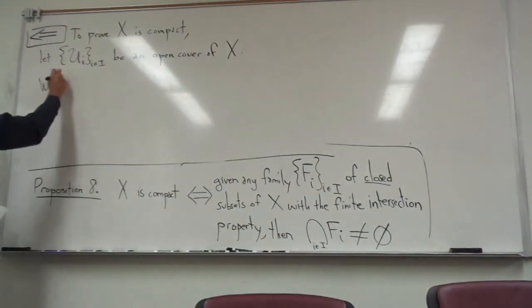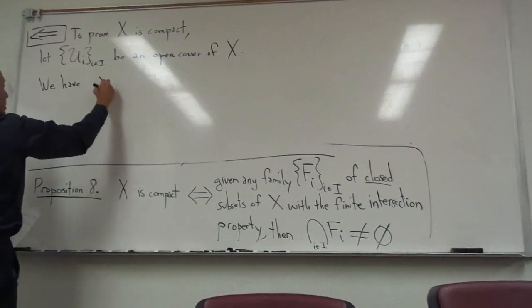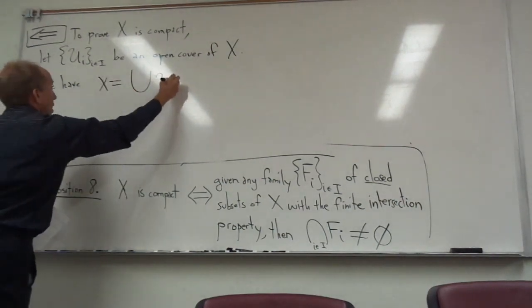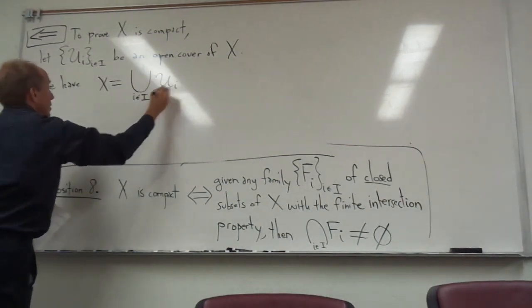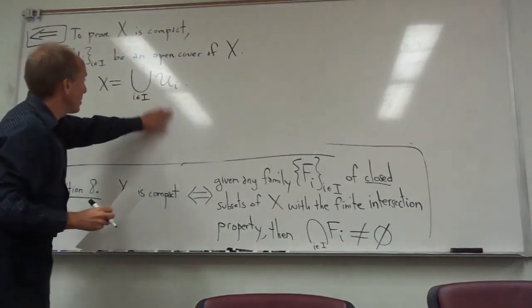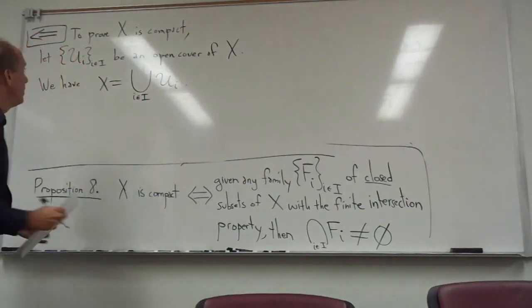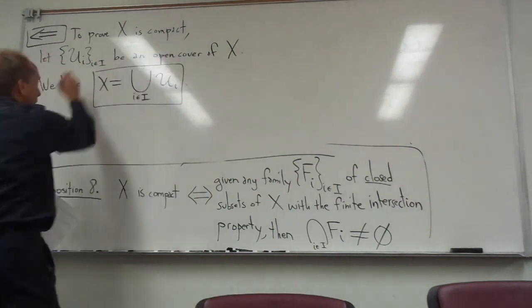What we know is that if we take the union of all of the u sub i's, I'm going to get the whole set X. This is what we know right here.